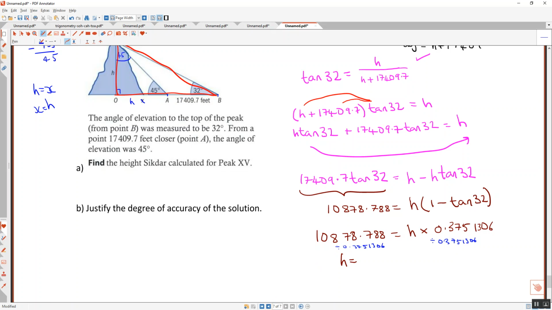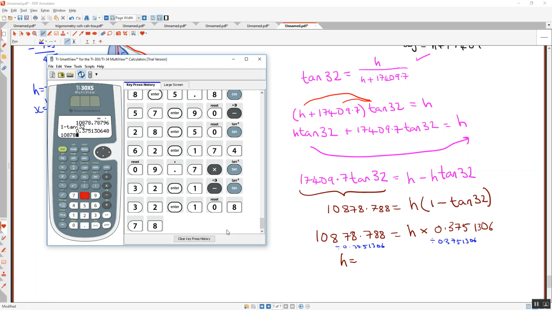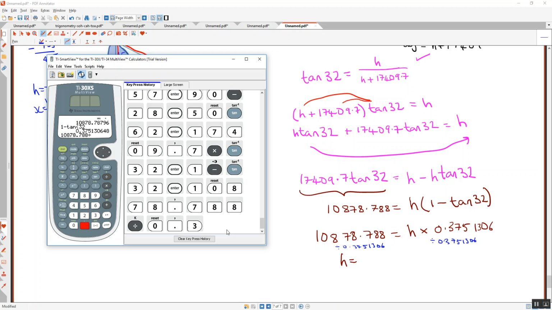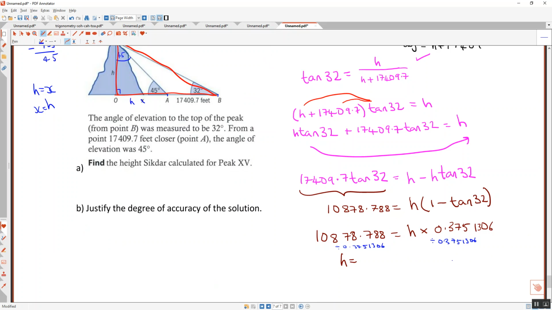So doing that on my calculator, 10878 divided by 0.3751306 is equal to 29,000. Nice. And that is in feet. So the height h is 29,000 feet.